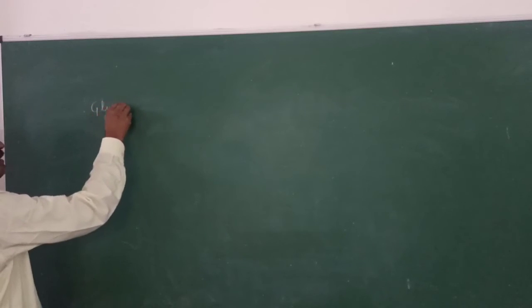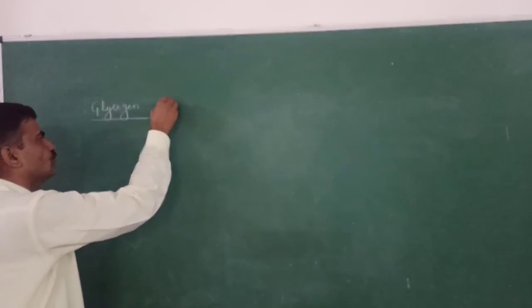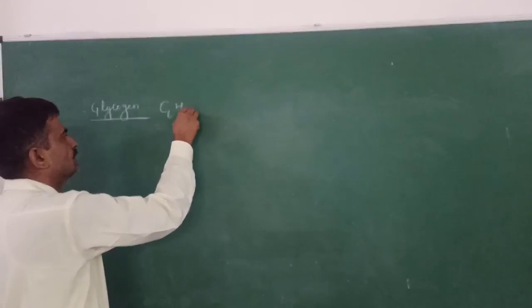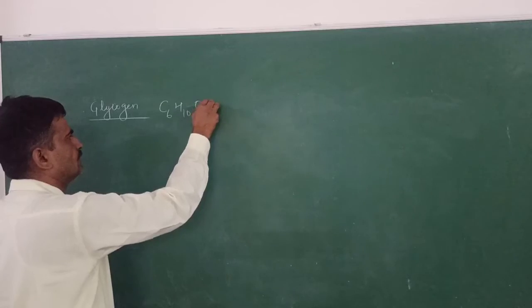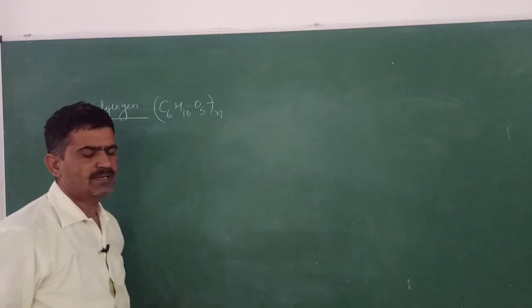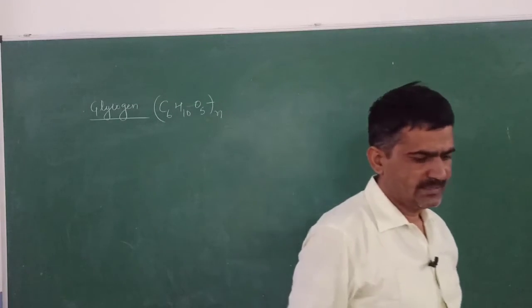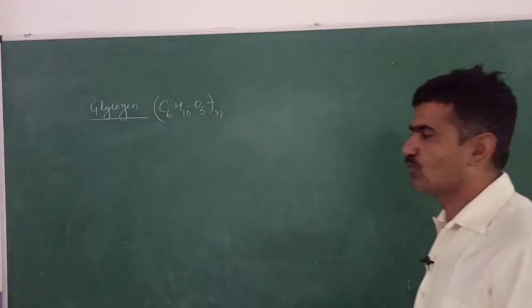This is glycogen. It is found as a store food in human beings, and this glycogen is also made up of alpha D glucose units.